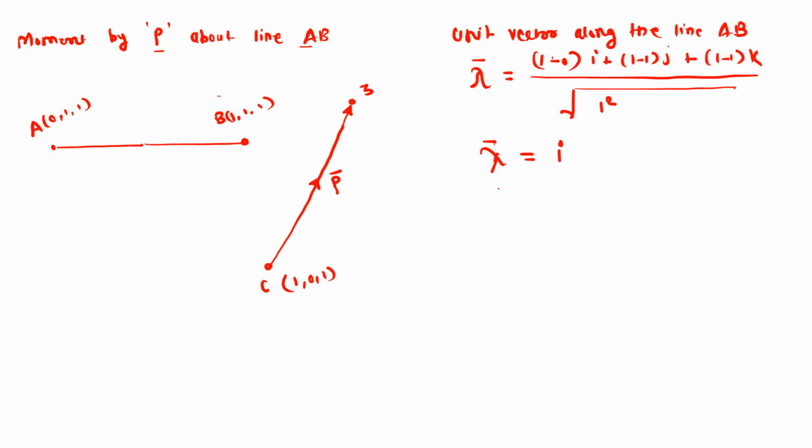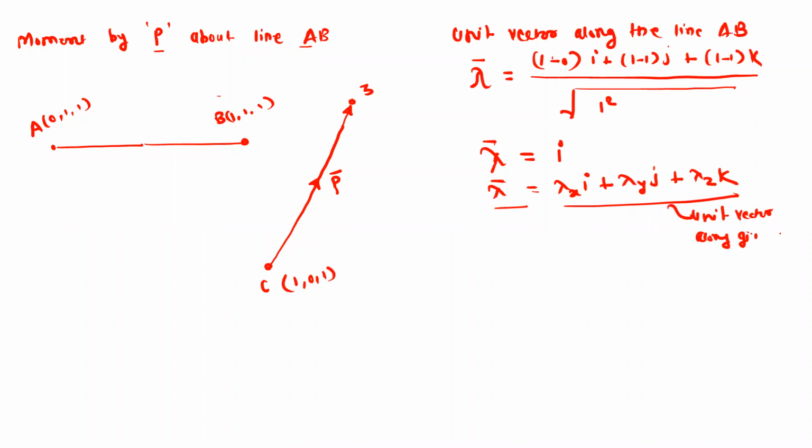Okay, so the general formula for lambda bar is lambda x into i plus lambda y into j plus lambda z into k. This is called a unit vector. So this is the unit vector along the given line or along the given axis.